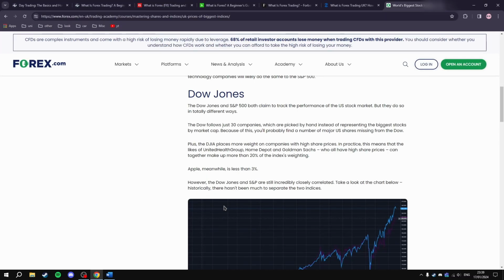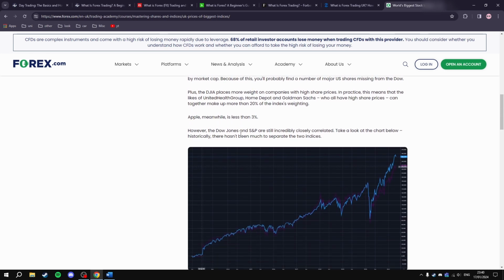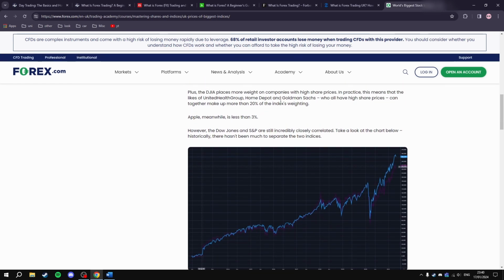In practice, this means that the likes of United Health Group, Home Depot and Goldman Sachs, who all have high share prices, can together make up more than 20% of the index's weighting. Apple, meanwhile, is less than 3%.